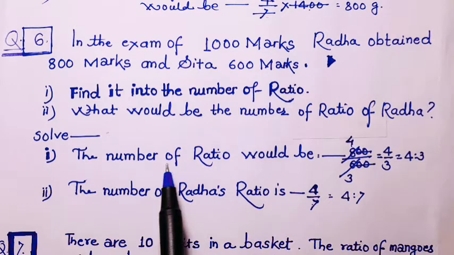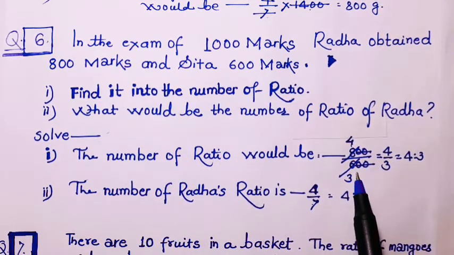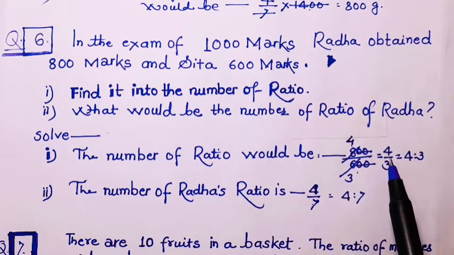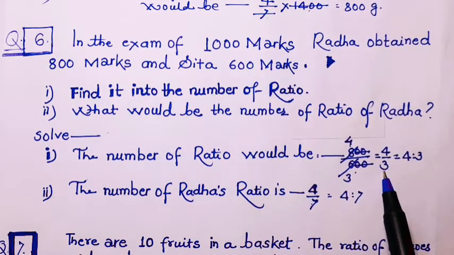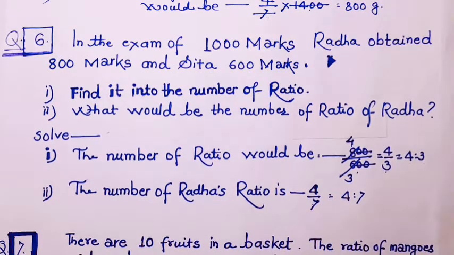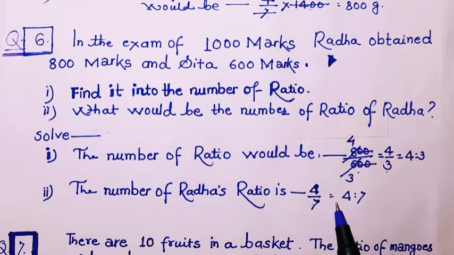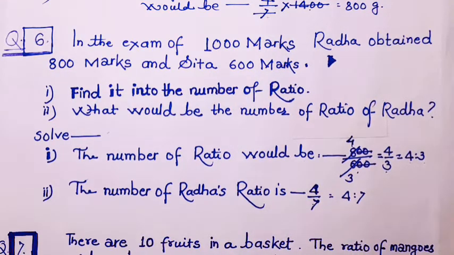For this, the ratio would be 800 by 600. So 4 by 3, that is 4 to 3.